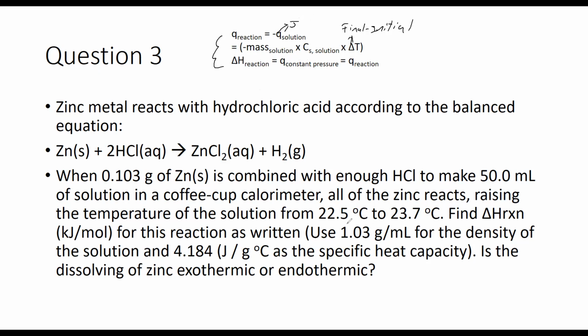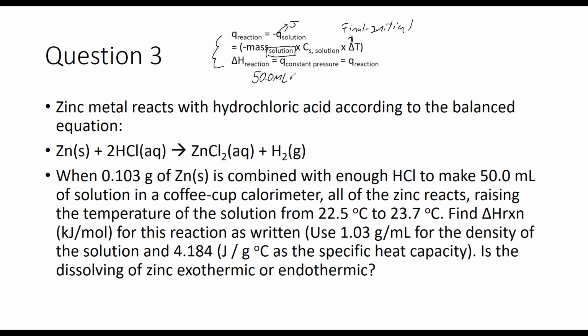And since the temperature increased here, that means the solution absorbed it. So when we're doing this, remember mass is mass of solution, right? You might be tempted to put the mass of zinc there, but that is not the mass of the solution. So we made 50 mils of solution.